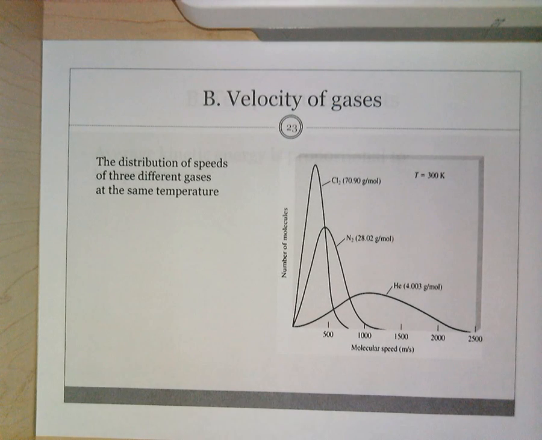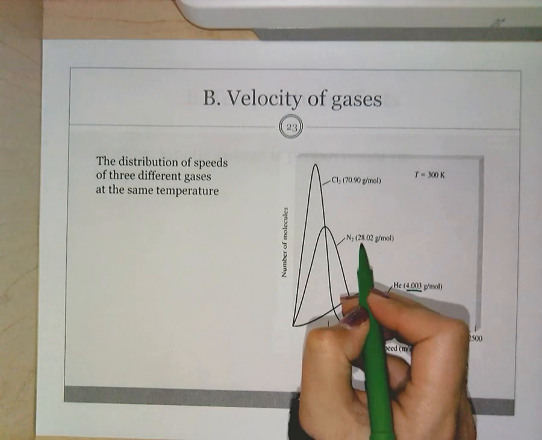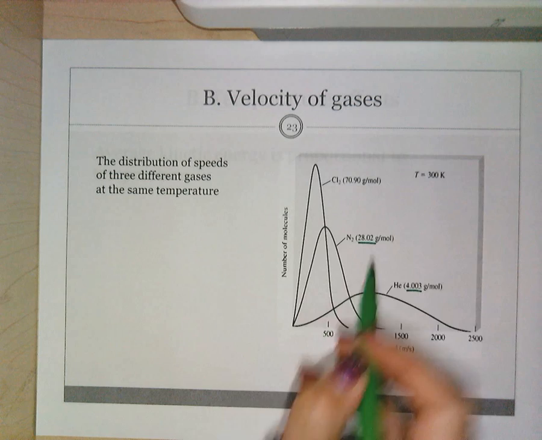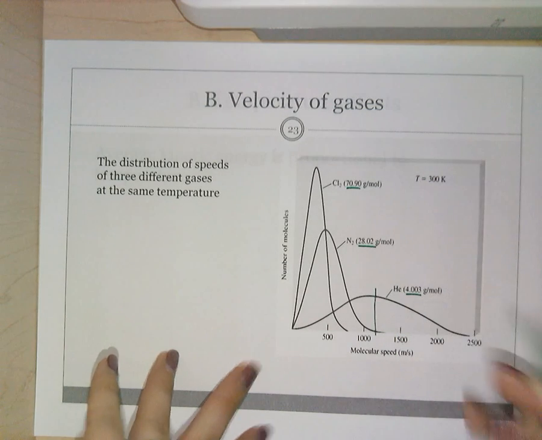So here we have a distribution of speeds of three different gases at the same temperature. I have helium with a mass of 4, nitrogen with a mass of 28, and chlorine with a mass of 70. The lightest gas is helium, and its average speed is a little over 1,000 meters per second.